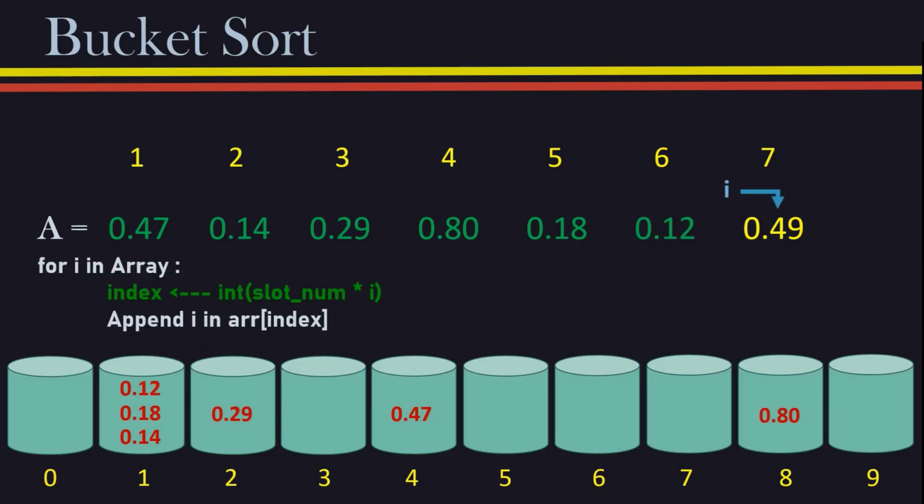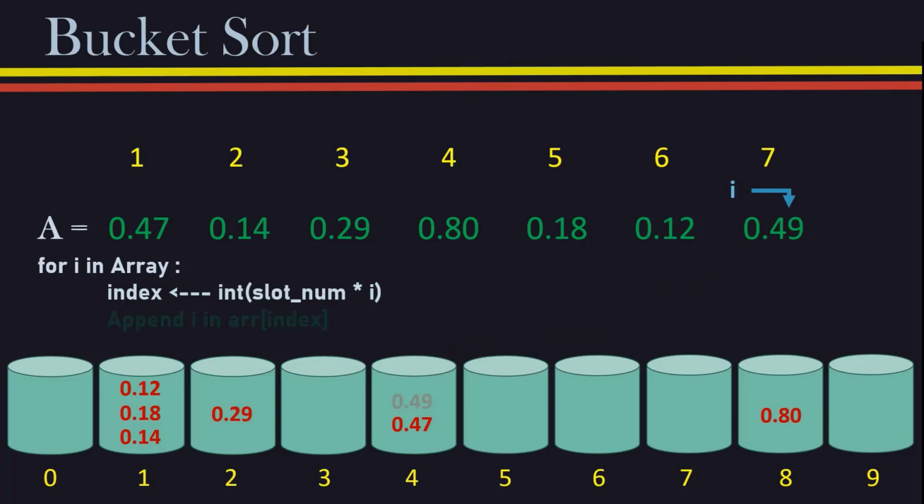And for the last element, 0.49, the MSD is 4, so it will go to the index 4 bucket. After traversing the whole array, we can see that index 1 bucket has 3 elements, index 2 bucket has 1 element, index 4 bucket has 2 elements and index 8 has 1 element.